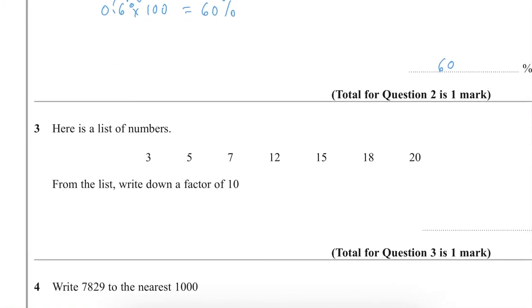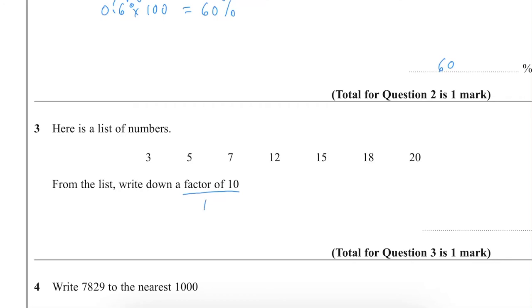And then question 3, here is a list of numbers. From the list, write down a factor of 10. What's a factor? Well, I always think of factors make you fat, multiples of flesh.